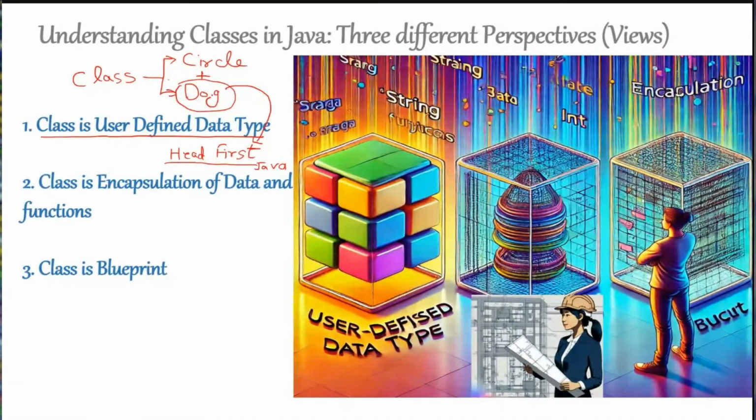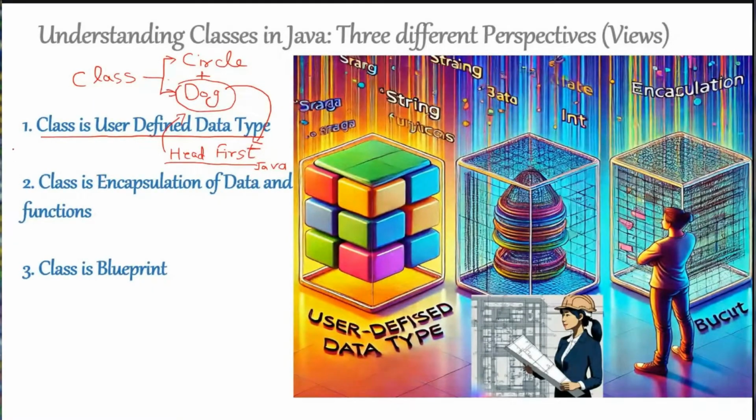All of us are surrounded by these real world objects. So Head First Java, the book I'm talking about, is giving examples of some real world and funny examples, so that you can remember and learn easily, efficiently, and in a funny way also. So this dog class I will consider in today's lecture.